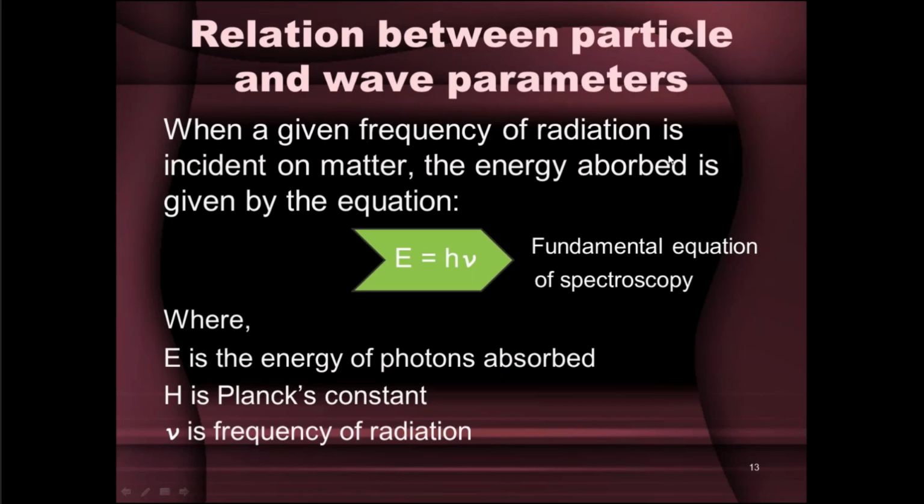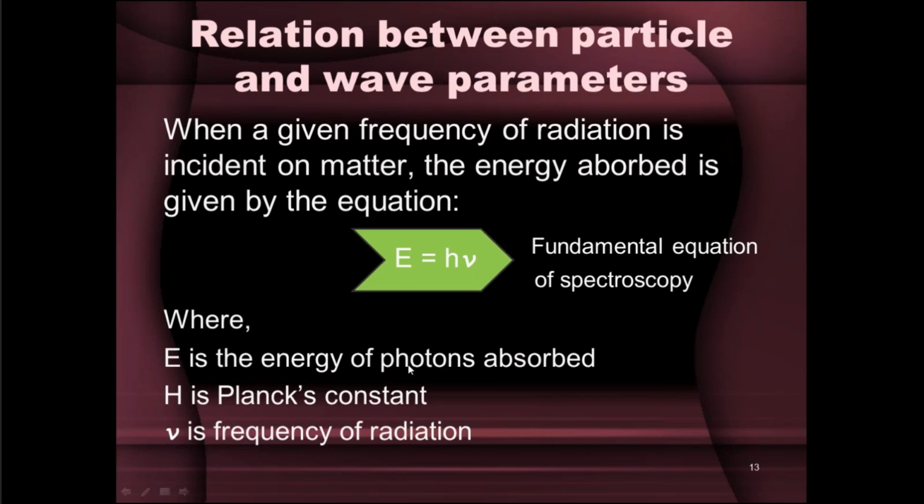Consider a given frequency of radiation incident on matter. The energy absorbed would then be given by the equation E = hν. E = hν is the fundamental equation of spectroscopy. What is E here? It is the energy of photons absorbed, in ergs or joules.